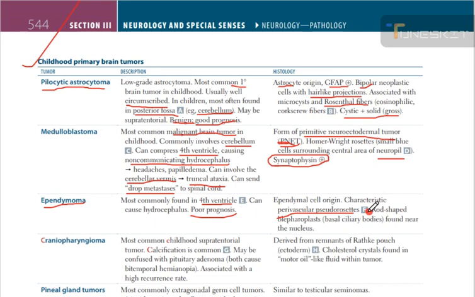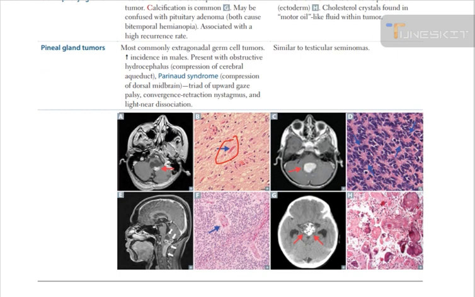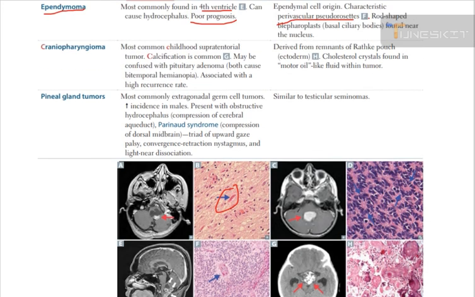So this is the histology. Let us see picture F. Yes, ependymal cell origin, characteristic perivascular pseudorosettes, rod-shaped blepharoplasts, basal ciliary bodies.